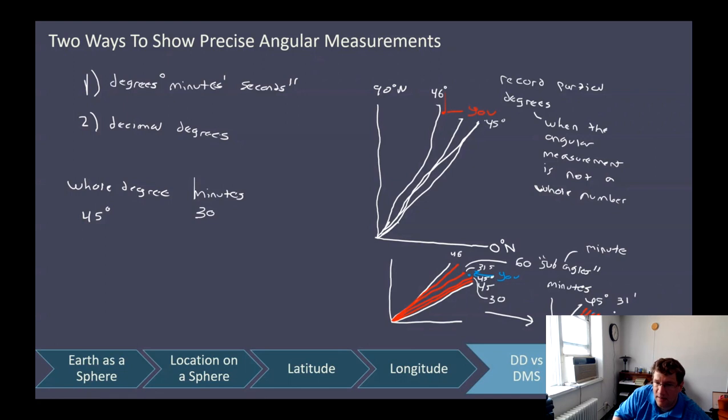We divide the angle between minutes into 60 more subangles. Each one of these subangles is called a second.